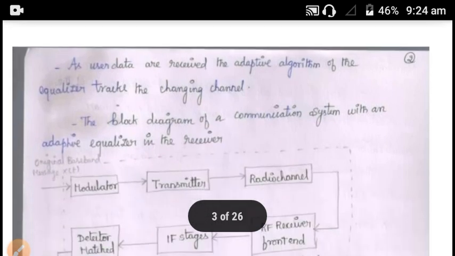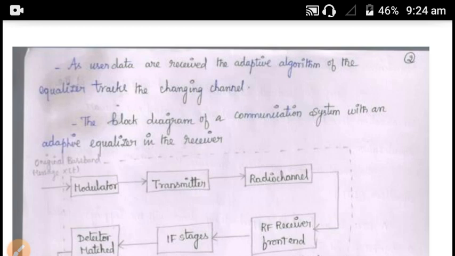As the user data are received, the adaptive algorithm of the equalizer tracks the changing channel. So when the data is received, this algorithm will track the changing channel, and whether the channel is changing too much is determined by this adaptive algorithm of the equalizer.